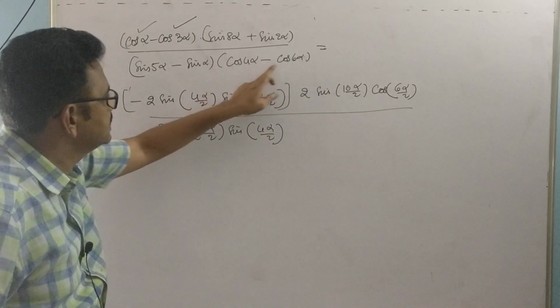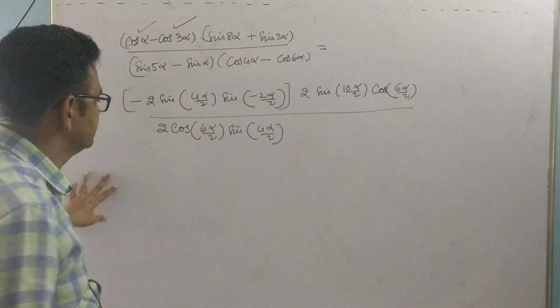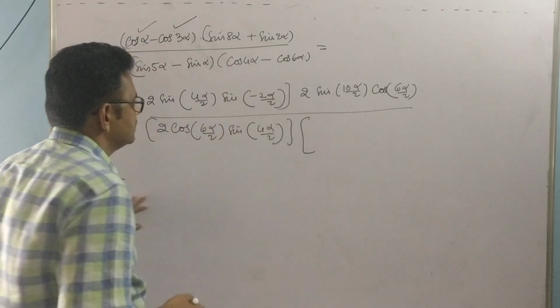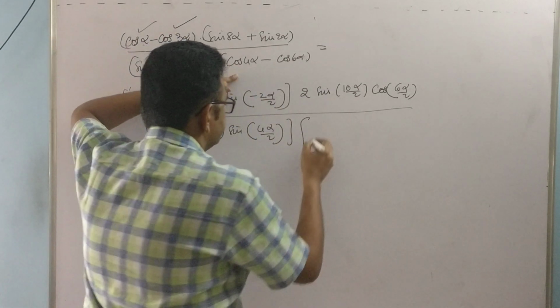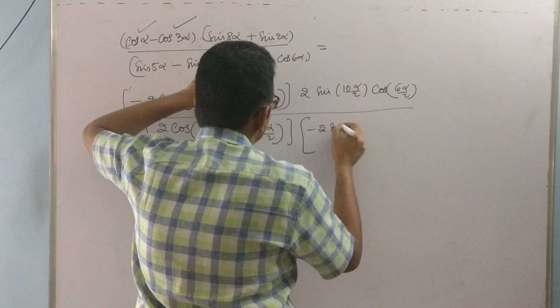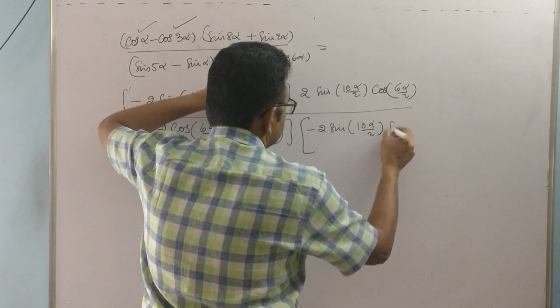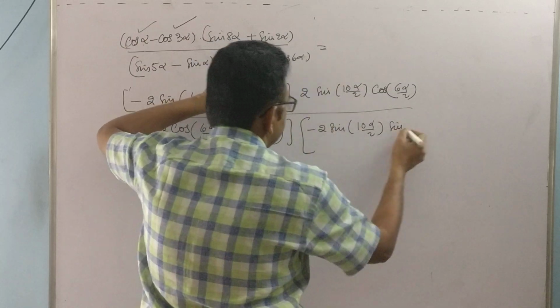Next, cos C minus cos D, which is minus 2 sin of (C plus D) by 2 into sin of (C minus D) by 2.